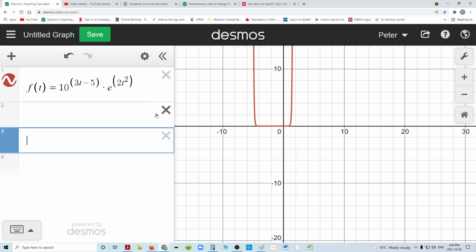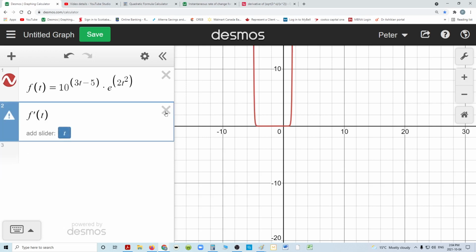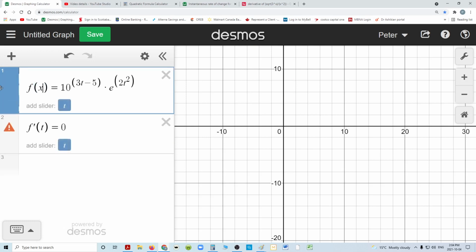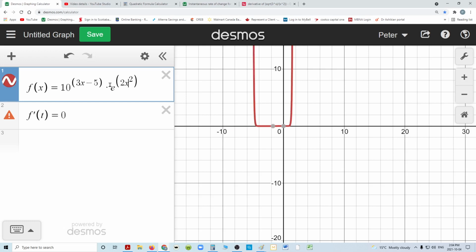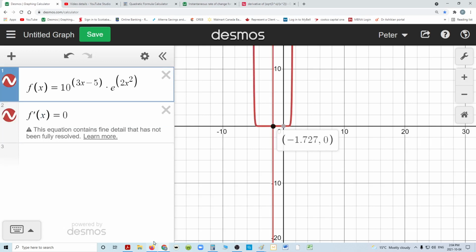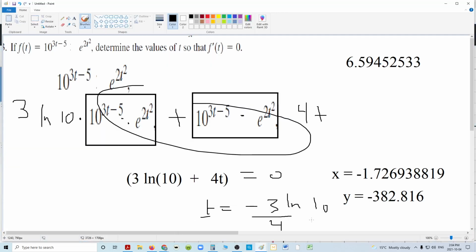Let's try a new equation there. When is f of t equal to 0? Let's just change this to x because for some reason it's getting confused. There we go. Yeah, it's telling me right there. And sure enough, that's the numbers I found. This is indeed a minimum.